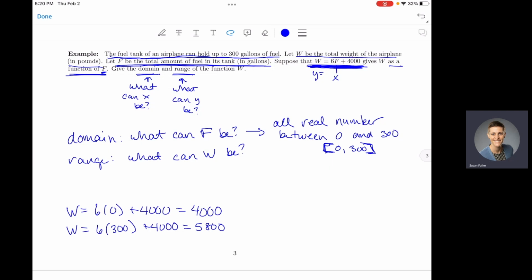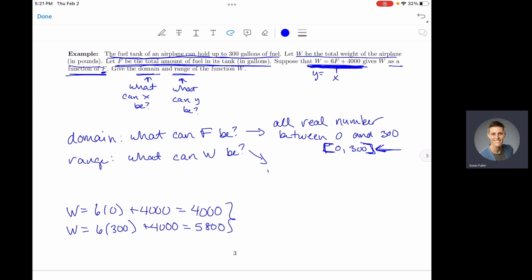And because our F value can take on any number between 0 and 300, that means our Y value can take on any number between 4,000 and 5,800. We can get anything in between here.